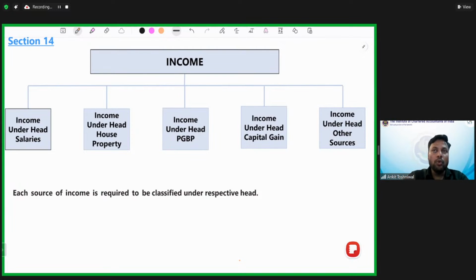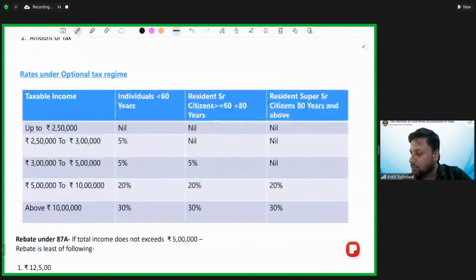Okay. Now, before starting the salary head, we have to understand that under the Finance Act 2024, we have two tax regimes, the old one and the new one. The old one is the optional regime and the new one is the default regime.